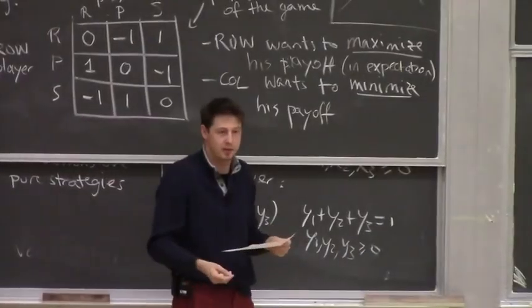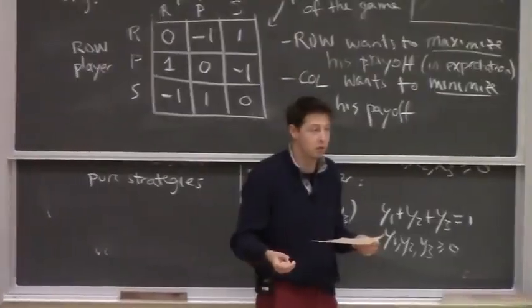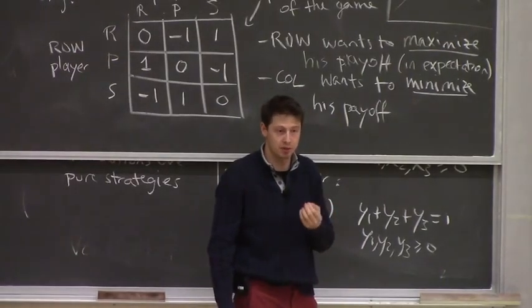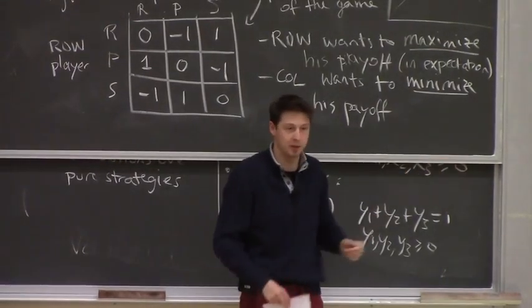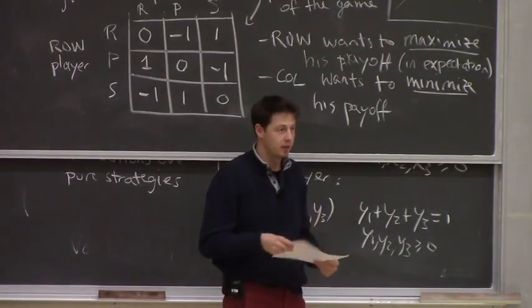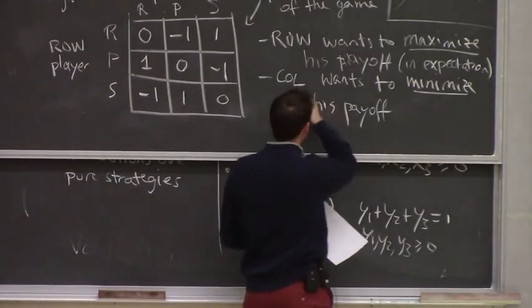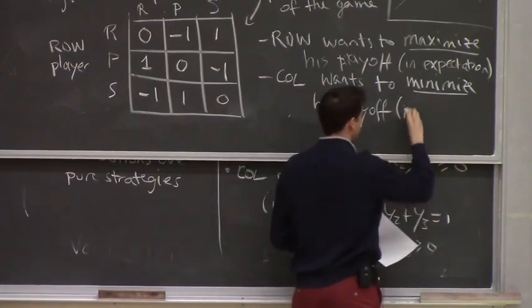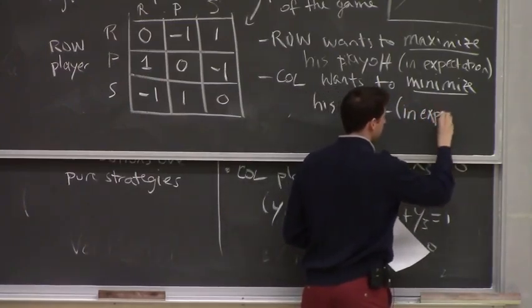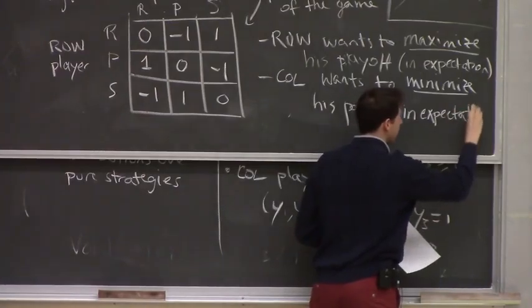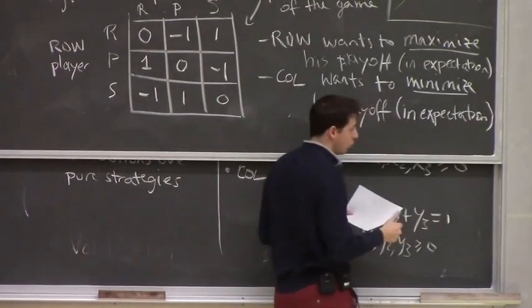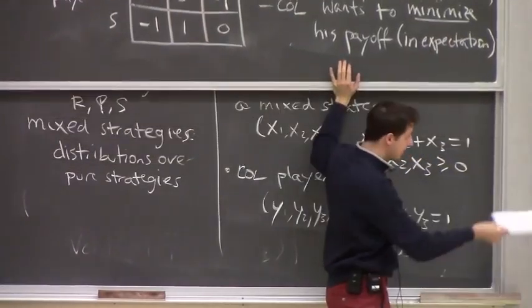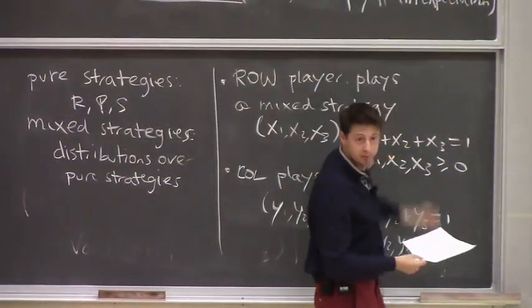What does it mean to maximize a random variable? It doesn't mean anything. It's a distribution, right? So what you want to do is to maximize the expectation of that distribution, namely the expected payoff, right? And similarly, the column player wants to minimize his payoff in expectation. That's just saying that one of them wants this quantity to be big, and the other one wants that very same quantity to be small.